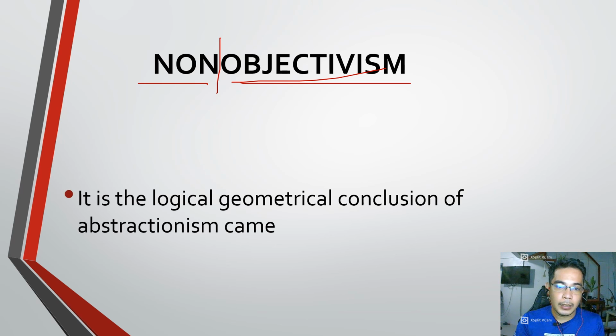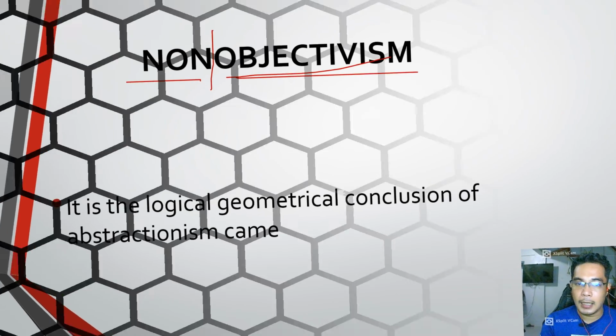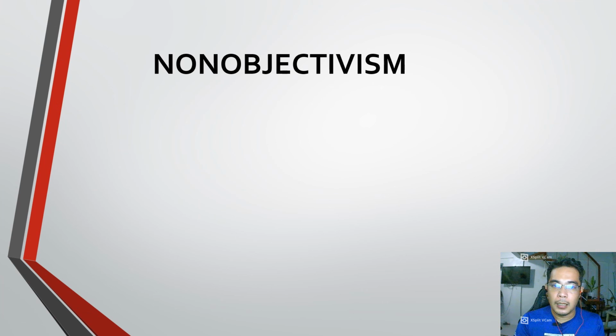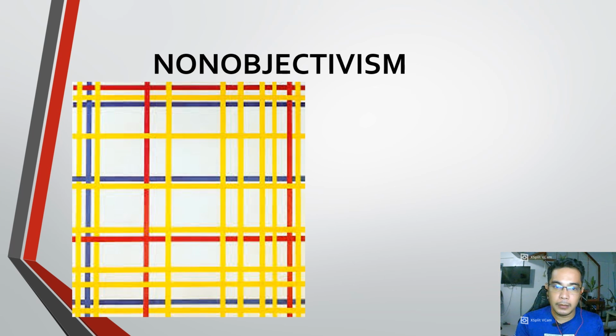Okay, so it is logical geometrical conclusion of abstractionism that came from the style. Okay? So pag sinabi natin of non-objectivism, just like this one, wala kang makikitang object. Oo nga, wala pala akong makikitang object din eh. Diba? Hindi katulad ng mechanical style na more or less, meron kang maaaninag na figure. Pero sa non-objectivism, wala.